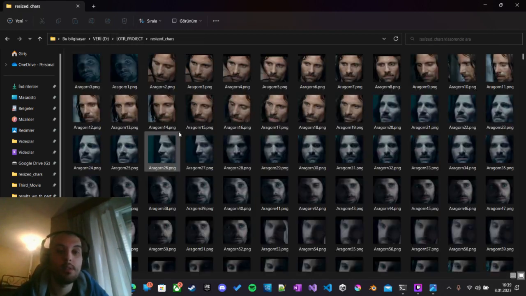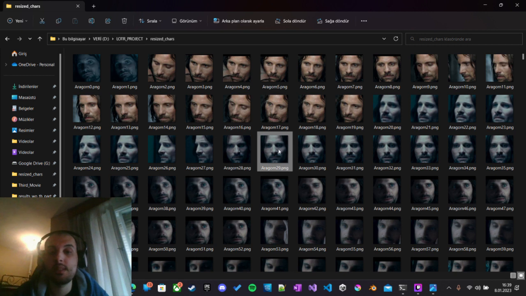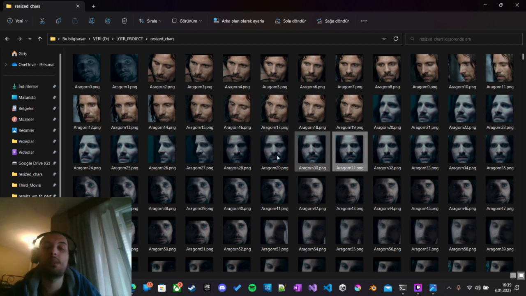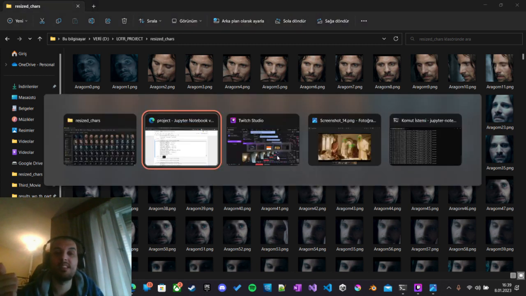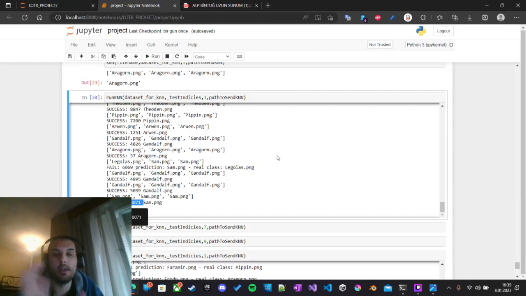If I give this image to KNN, it just finds these three faces and labels it as Aragorn. Because of this it has a pretty high success rate on the test set, but it doesn't recognize faces which are not present in the data set very well.